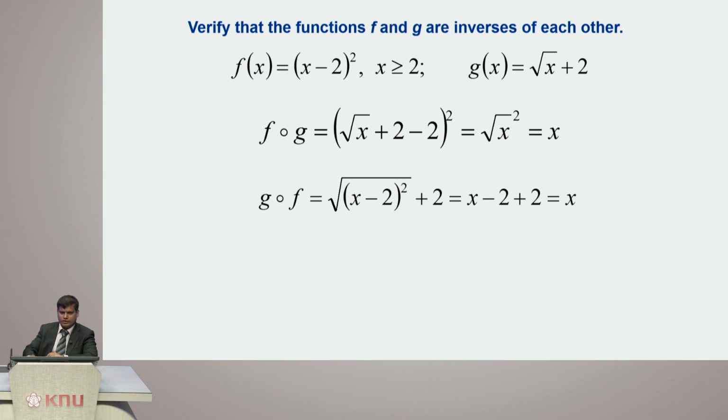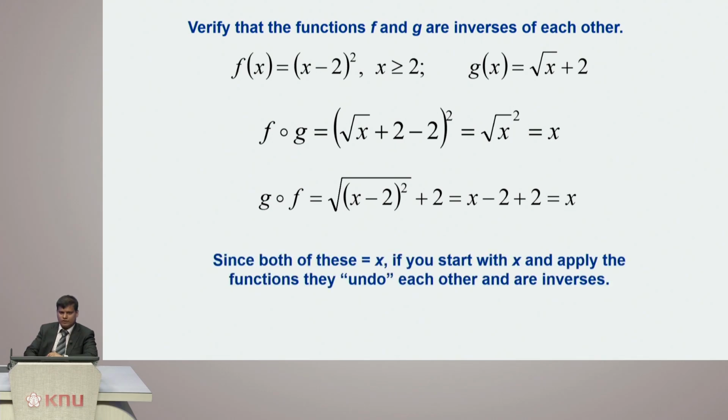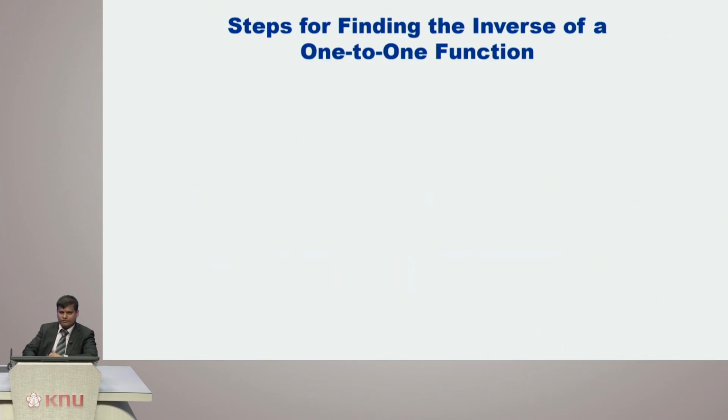So we just proved they are simply equal. You start with x and apply the function, then finally you come up with the same value x. Yes, they are inverses.